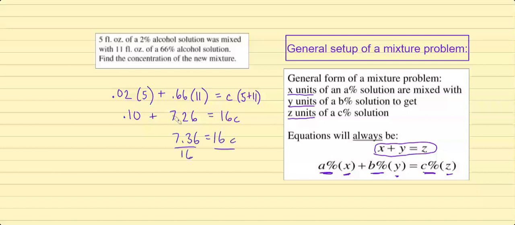Divide both sides by 16, and our answer is that C equals 0.45375. Since everything is listed in percent, the answer should be in percent as well. So we multiply by 100, or move the decimal 2 places, and we get that the concentration of the new mixture is 45.375%.